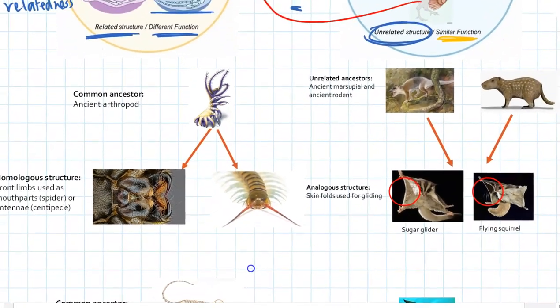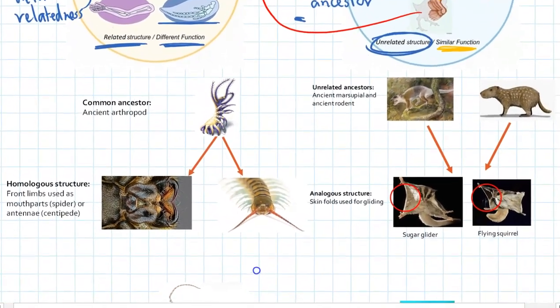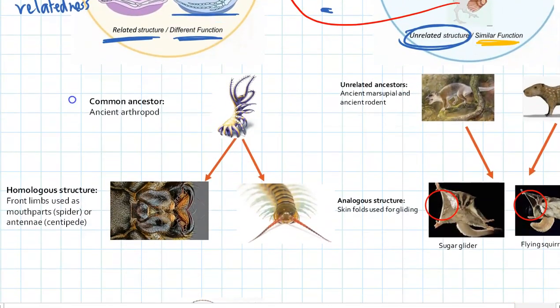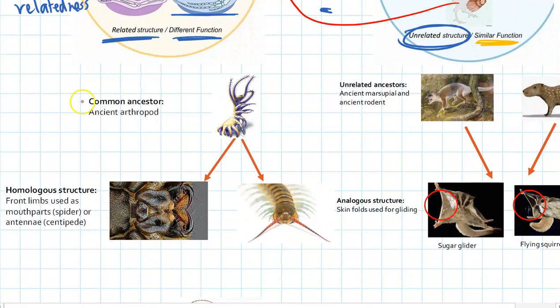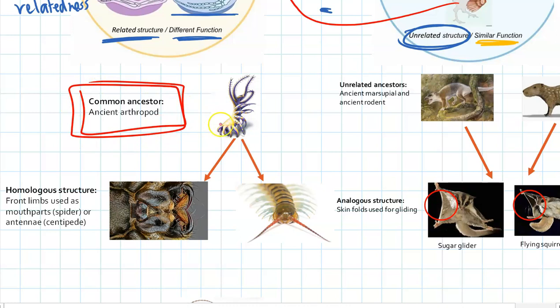Okay, here's some examples of homologous and analogous structures. So going back to homologous, this ancient species, which is the ancestor of all the insects and all the arthropods, which are things like spiders, insects, crustaceans, millipedes, they're all called arthropods. It had these 2 mouth parts here, these 2 front limbs, which it used as legs.